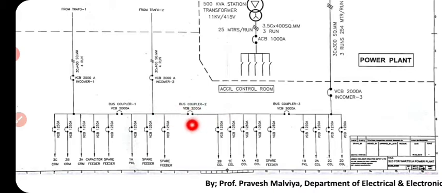First, the phase sequence of the state grid and our power plant should be the same. Number 2 essential is that frequency should be exactly the same. If this is 50 hertz, then this side must be 50 hertz. Only then can it be satisfied. And number 3 is that the voltage level of each phase should be exactly the same.